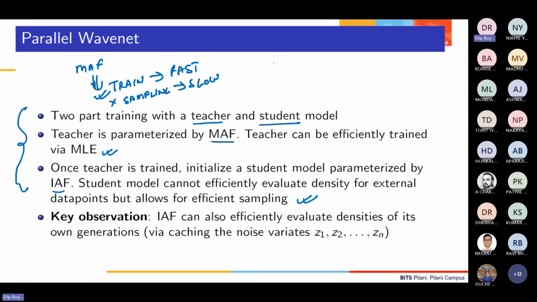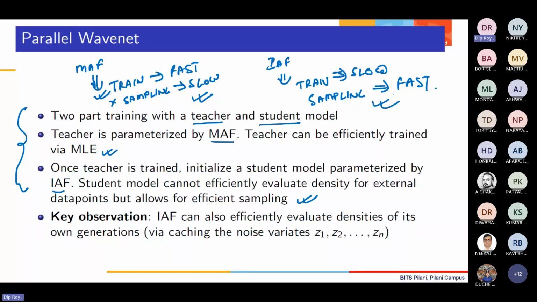Now you remember that IAF has this property that its training is slow, but the sampling is fast. So what we are going to do is we are going to use the strength of this and we are combining with the strength of the IAF, and we are going to get a perfect teacher student model.